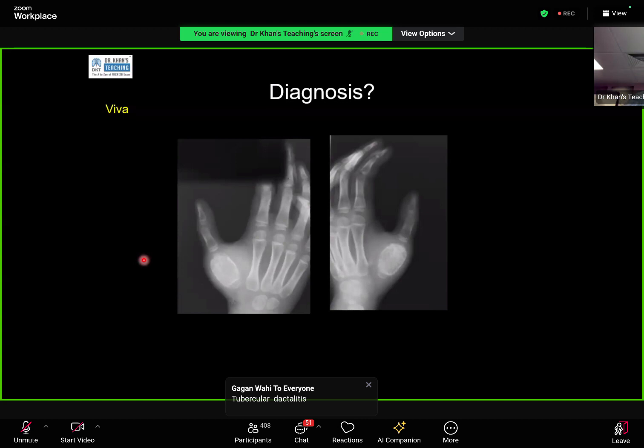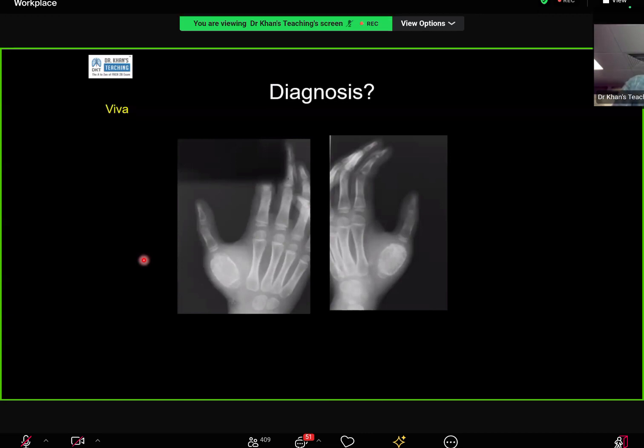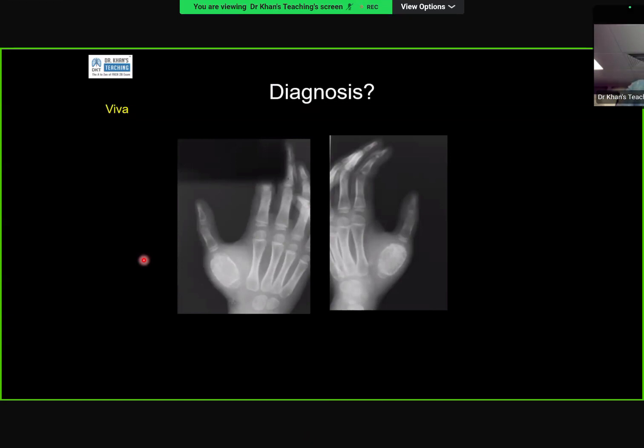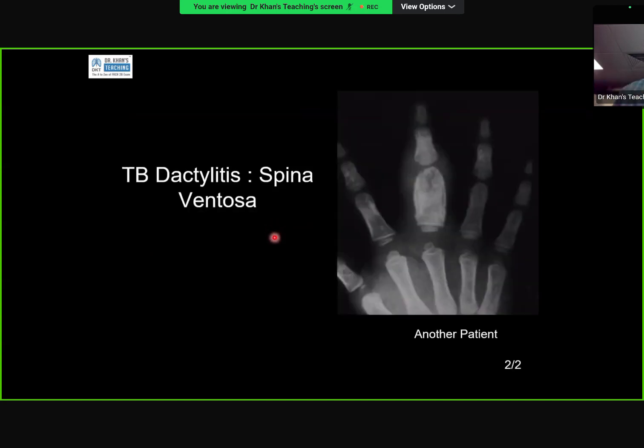Hmm. So, lucency, did you see a lucency in this case? This is basically, you are absolutely right. This is what we call spina ventosa, or TB dactylitis.